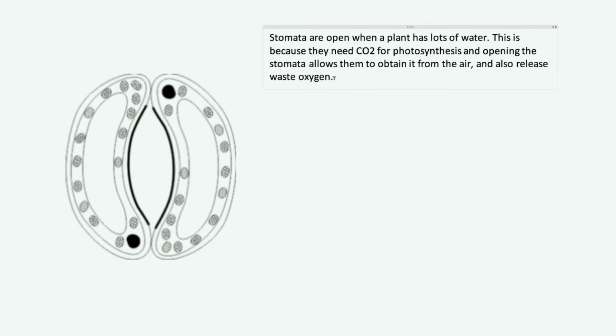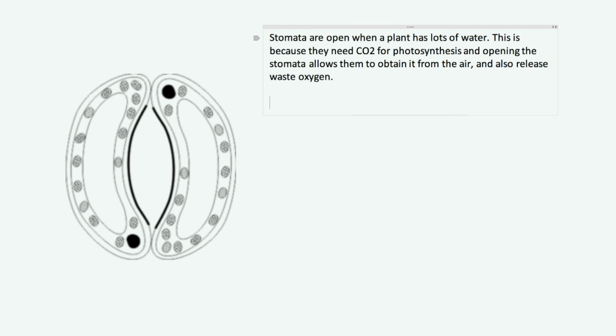Right, so they want to be open when the plant has enough water. When the plant doesn't have enough water, they want to be closed because they want to reduce the rate of transpiration and stop any more water being lost via transpiration, or at least slow it down greatly.